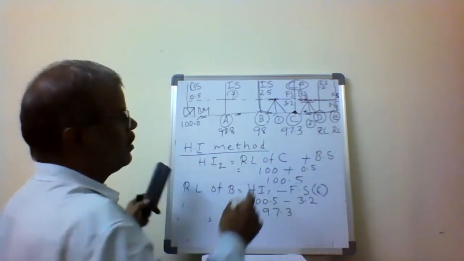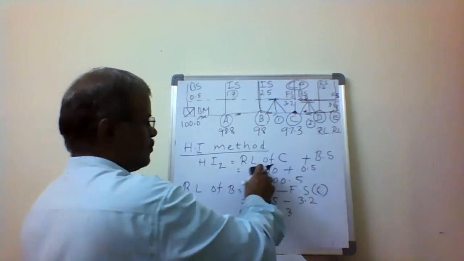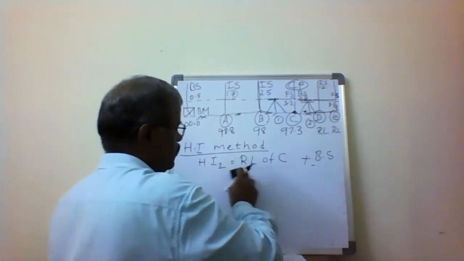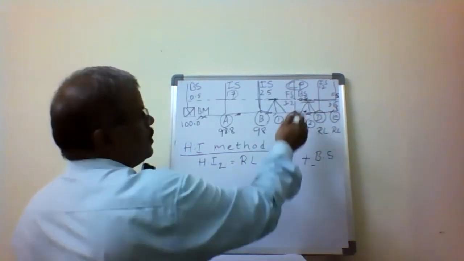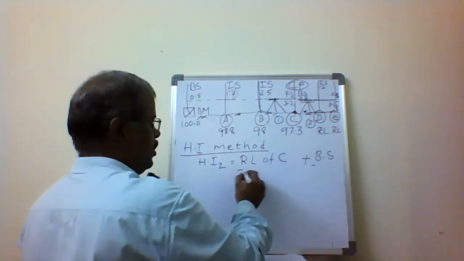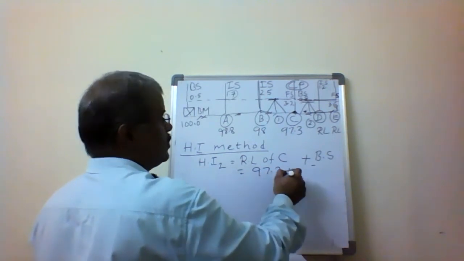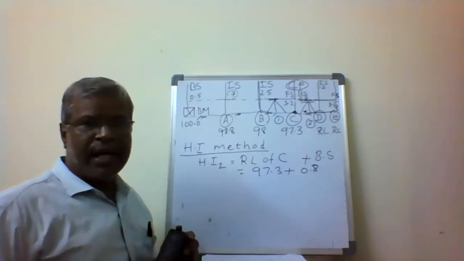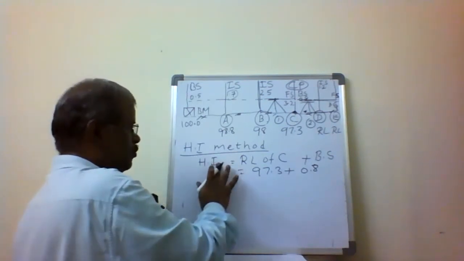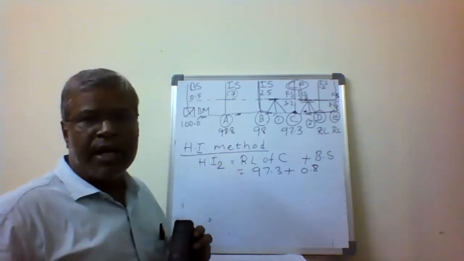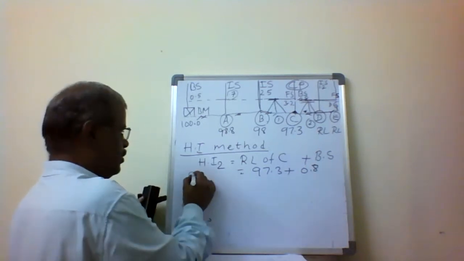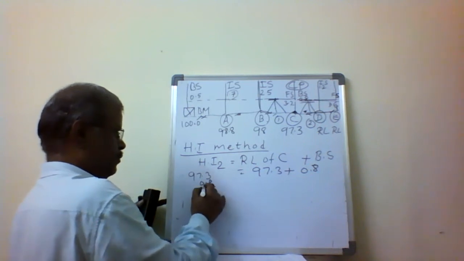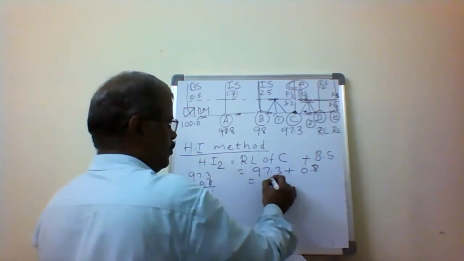So RL of C plus the backside reading: RL of C is 97.3, plus the backside reading of 0.8. For the second setup, the height of the instrument is 97.3 plus 0.8, so 98.1.